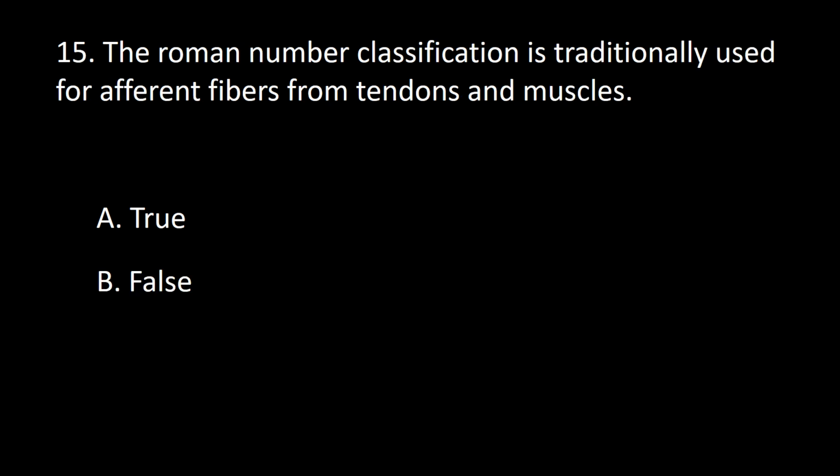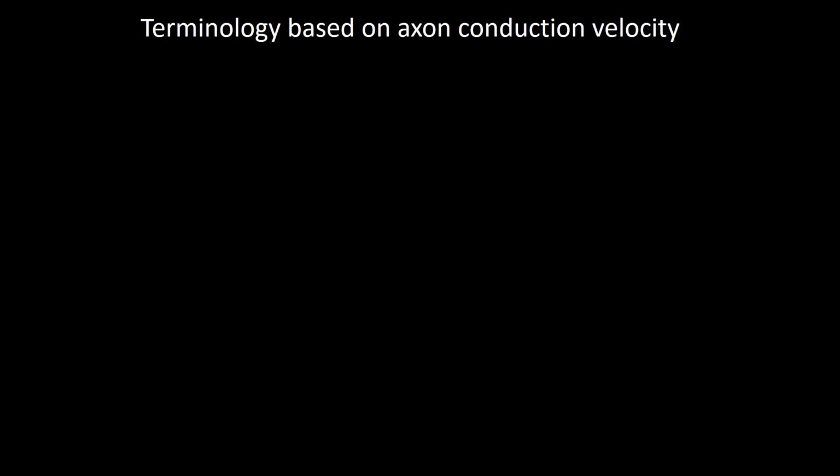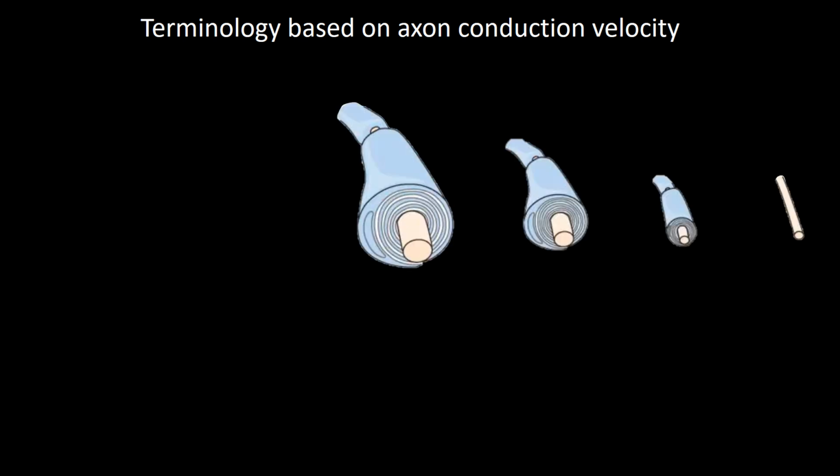Next question. The Roman number classification is traditionally used for afferent fibers from tendon and muscles. A true, B false. The Roman number classification is based on axonal conduction velocity. In this classification, the nerves are divided in 4 groups.